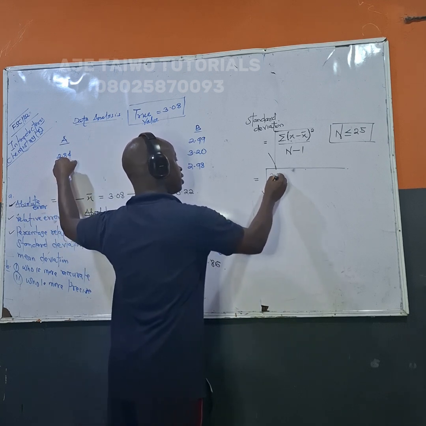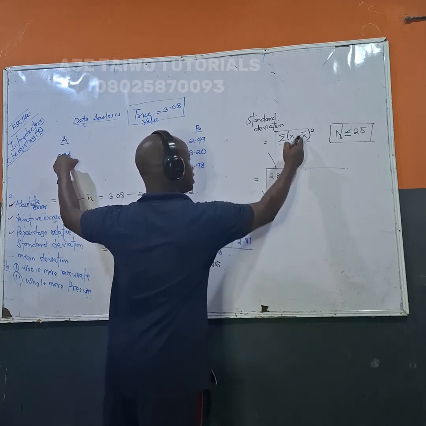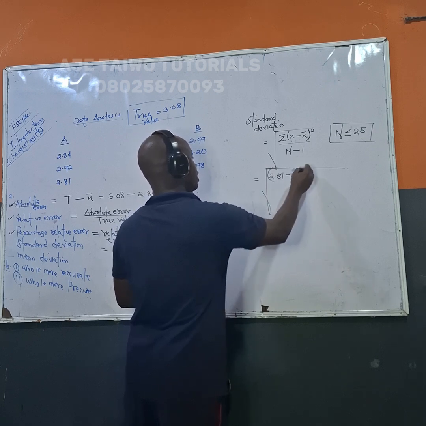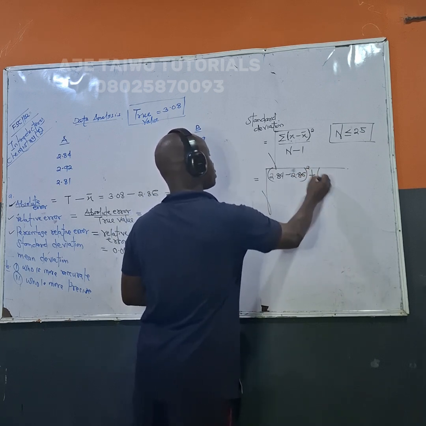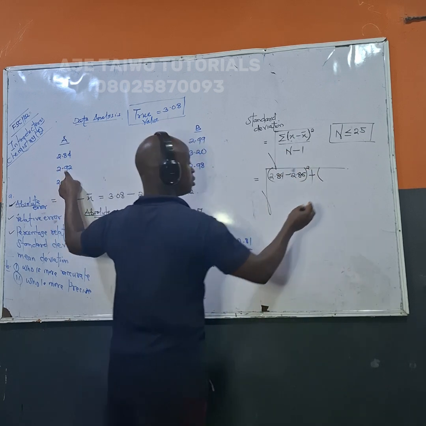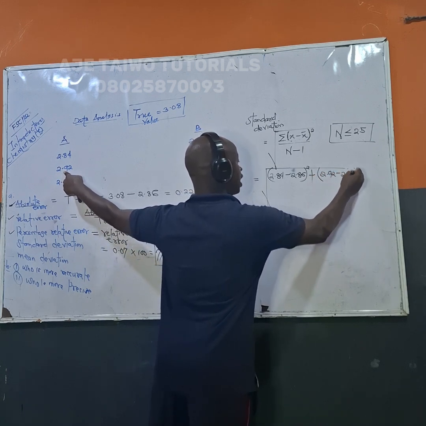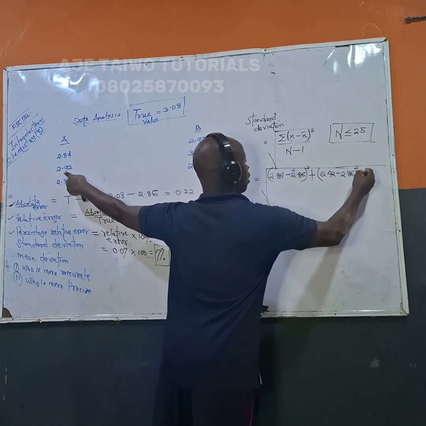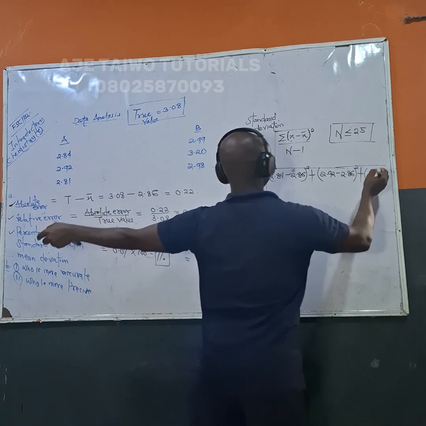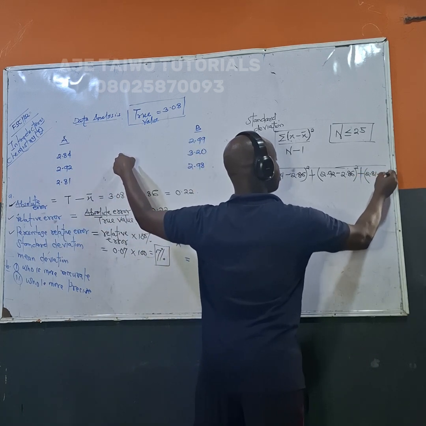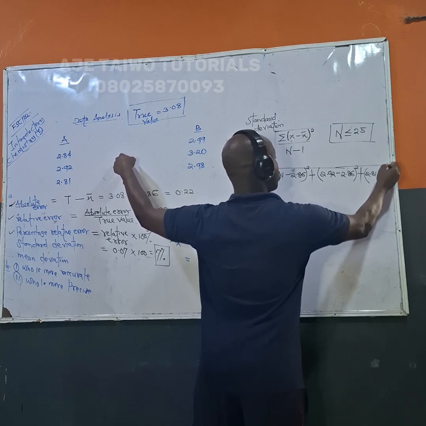That's 2.84 minus x bar, 2.86. Square the answer. I will add another one. 2.92 minus 2.86. I will square it. Then I will add again. 2.81 minus 2.86. I will square it.